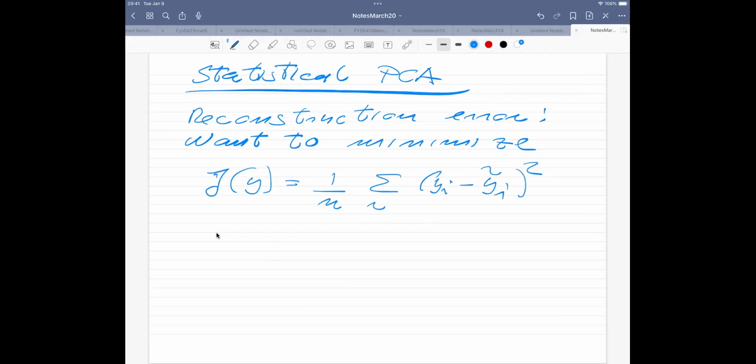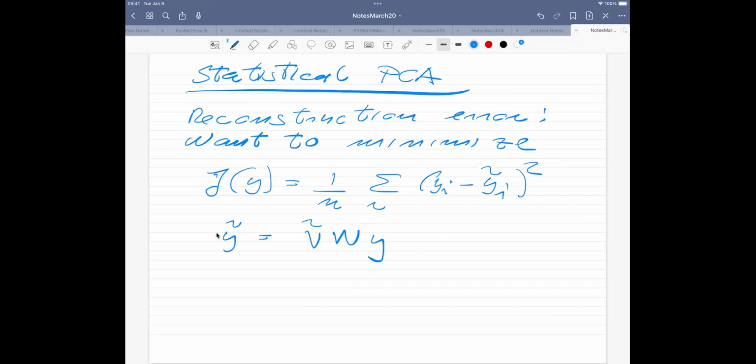In our approximation, y tilde was given by this linear approximation V tilde W y, like that. That's what we started out with. And an autoencoder with a linear transformation looks like this.